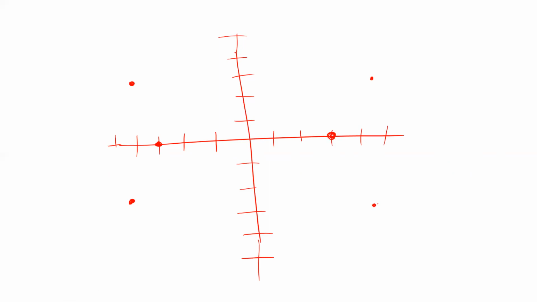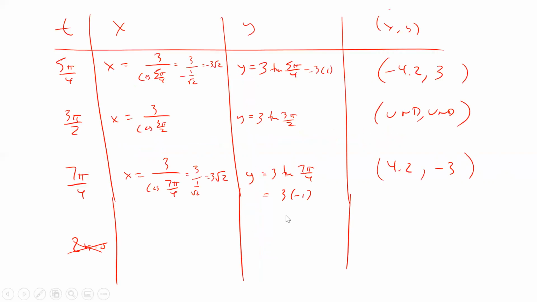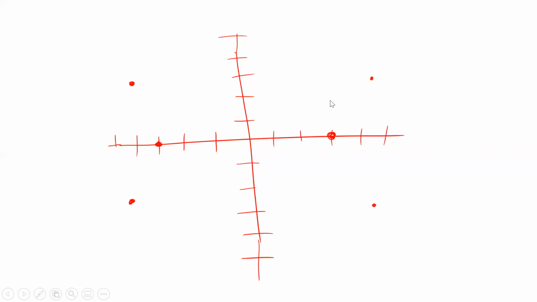So the first one, that's a weird looking one. For 5 pi over 4, that was -4.2 and +3. Oh yeah, I remember. All right, let's see how it works here. So this one was the first point, right? It comes up to this point here. And notice you have the undefined term.